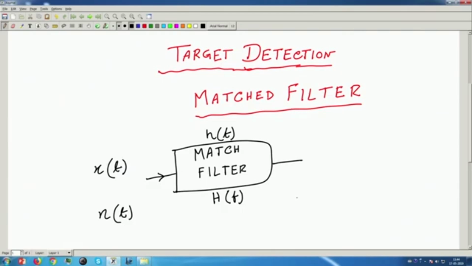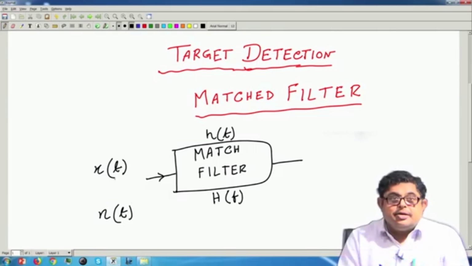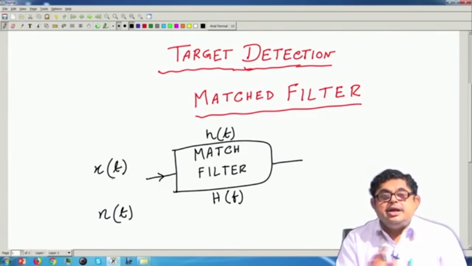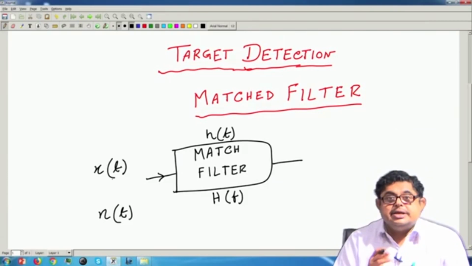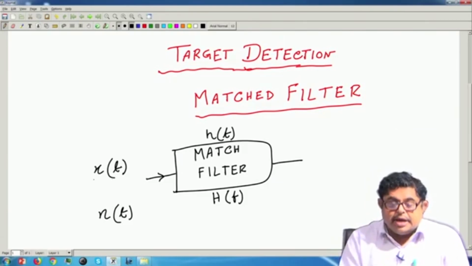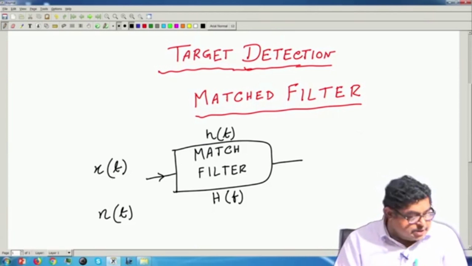So, we will treat them differently in the analysis, but let us say that in the input I have the signal part of the received thing as if I can separate, but in reality I cannot separate. This is for analysis, this is the abstraction, that signal part is x(t) and it is n(t).